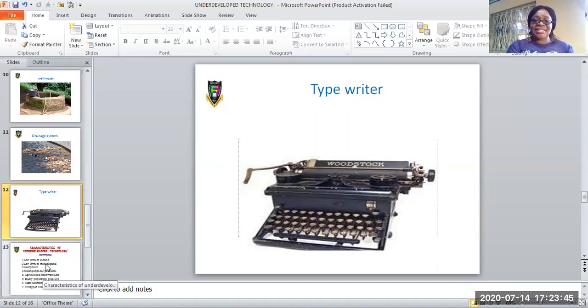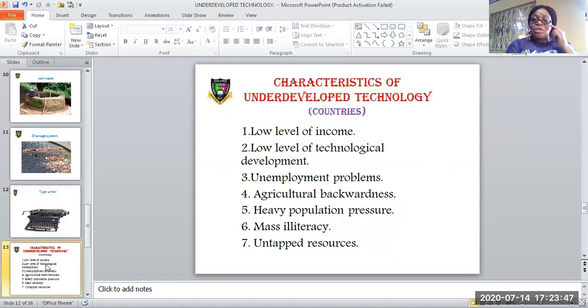Do you understand? So what are the characteristics of underdeveloped technology? Remember, we can use underdeveloped technology interchangeably, referring to countries and communities that are not developed.